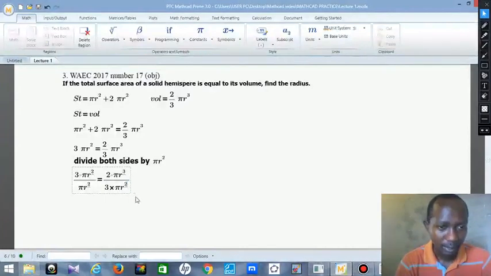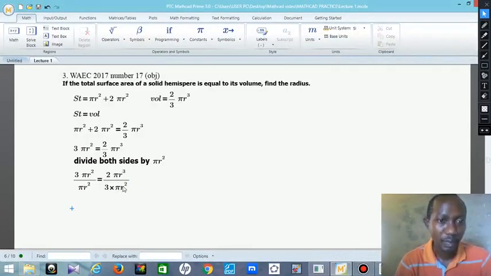So this is the pi r square there. You can see it. So you divide both sides by pi r square. You know this side already has 2/3. So the denominator 3 is this. That's why I multiplied by the division of pi r square.